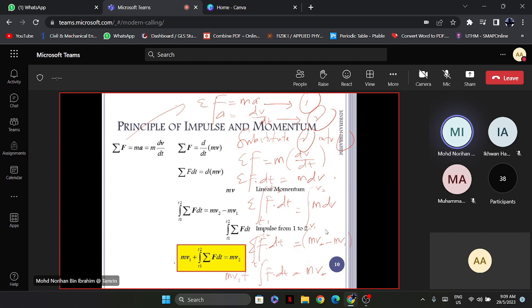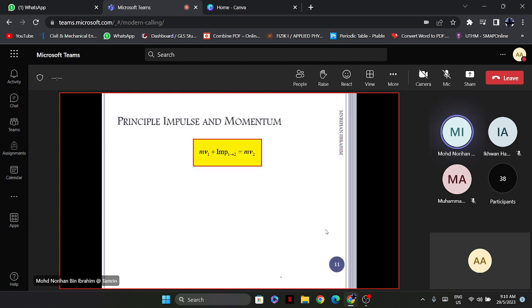Or we can write it as mv1 plus IMP from 1 up to 2 is equal to mv2. What does it mean?